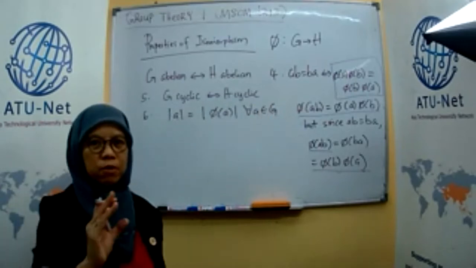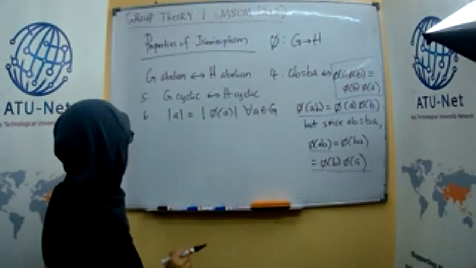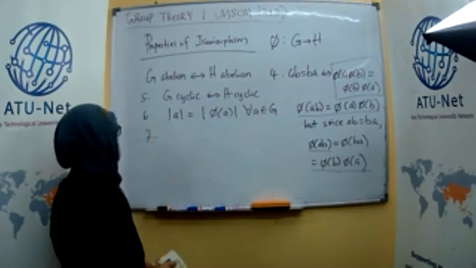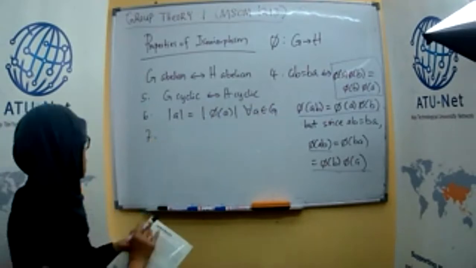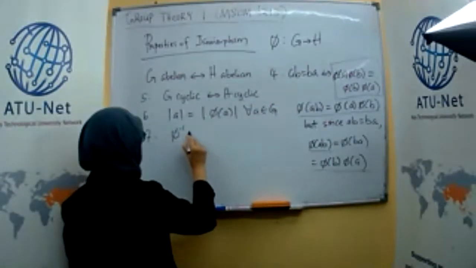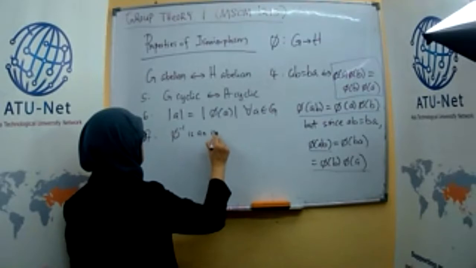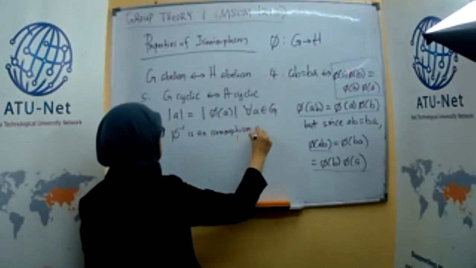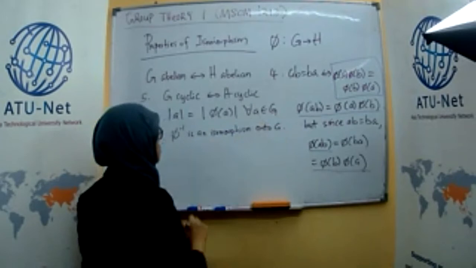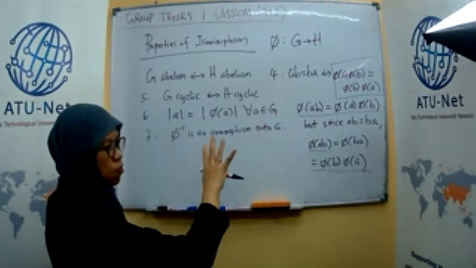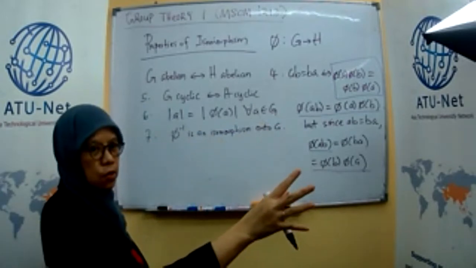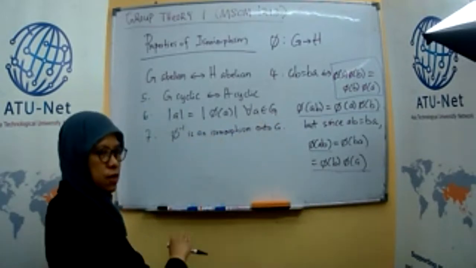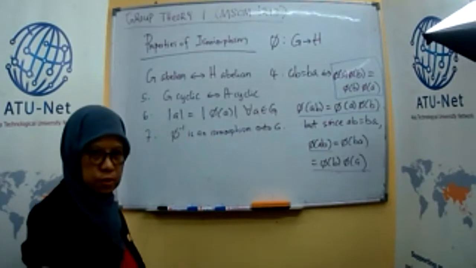You cannot map to a different order. Number 7 says the inverse is also an isomorphism from H onto G. So if you have phi from G to H, you can also have the inverse mapping, also an isomorphism.